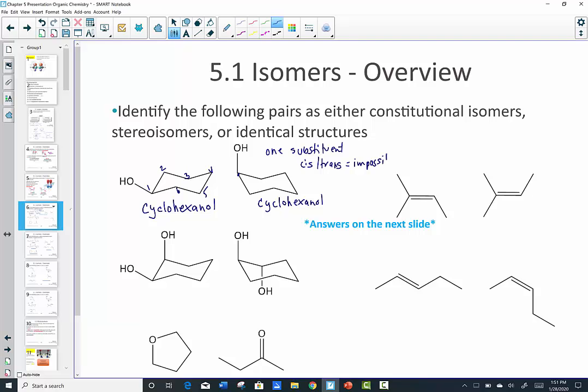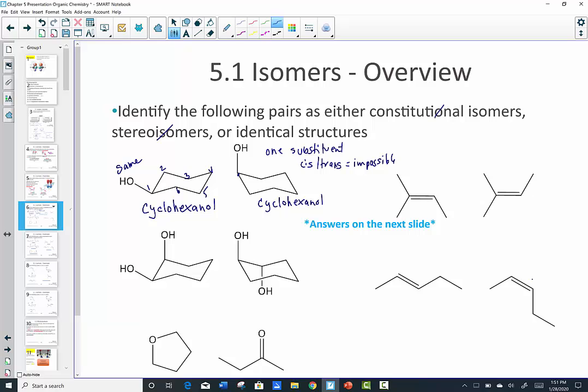So this is impossible to be a cis-trans configuration, which takes off the plate of stereoisomers. Constitutional isomers would have them connected in a different order, and that doesn't seem to be the case. They have the exact same name. These molecules are the same. They're identical.